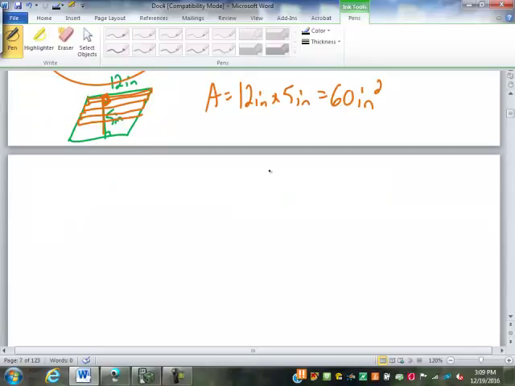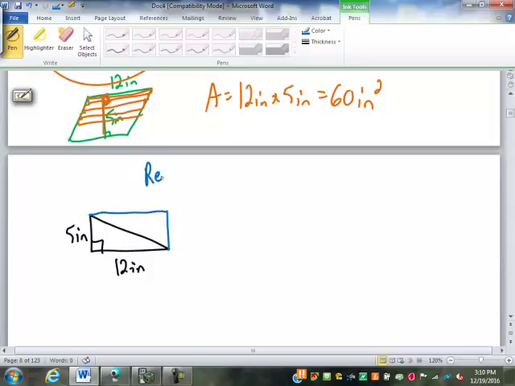We also have triangles that we can work on. So we're trying to find the area of a triangle, and I'm going to keep this 12 inches by 5 inches. The only thing we've learned how to find the area of so far is a rectangle. Well, this triangle is a part of a rectangle. So what we do is we draw it out like this.